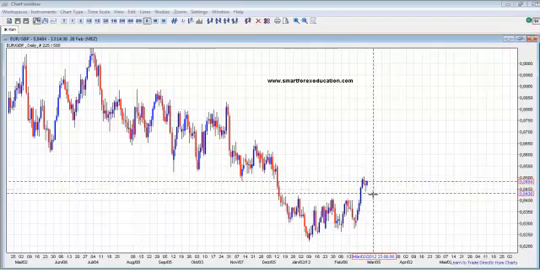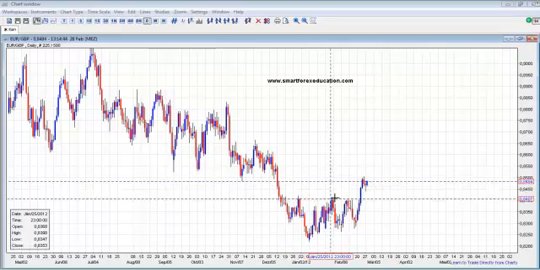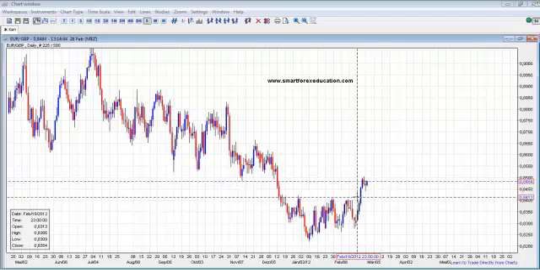Today I'm only going to talk about the trend trading side, and we'll go into further depth regarding counter trend trading in another session.